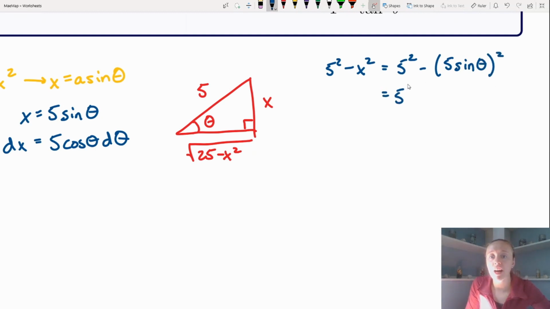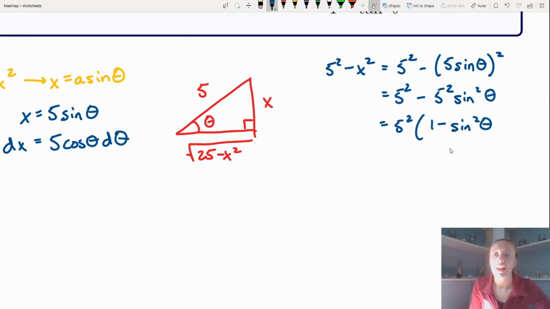Then I'll have 5 squared minus, bringing that exponent in, 5 squared sine squared of theta. Pulling out the 5 squared from both terms, I get 5 squared times 1 minus sine squared theta. And there's my identity that I can use: cosine squared theta plus sine squared theta equals 1, so 1 minus sine squared theta equals cosine squared theta. So this is going to be equal to 5 squared times cosine squared of theta.